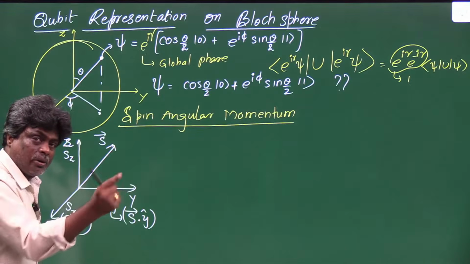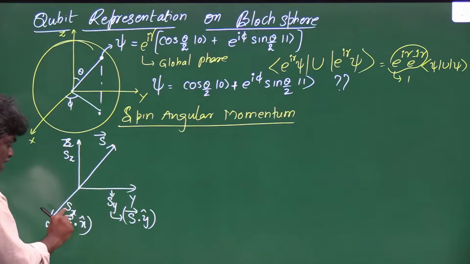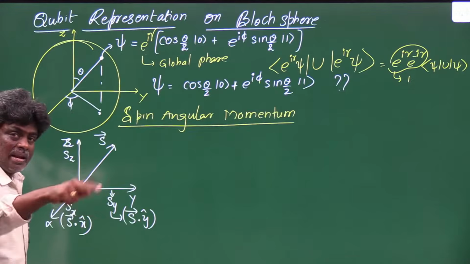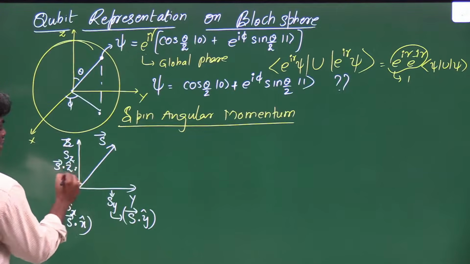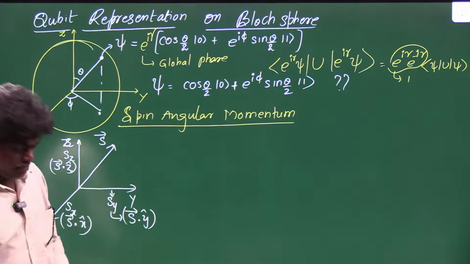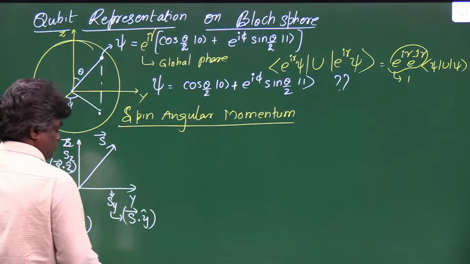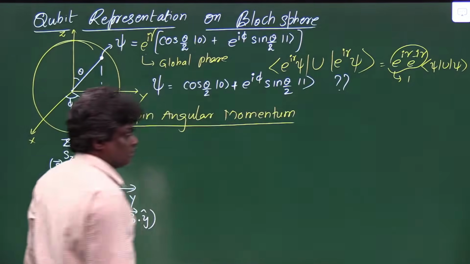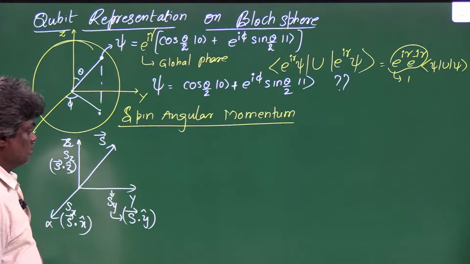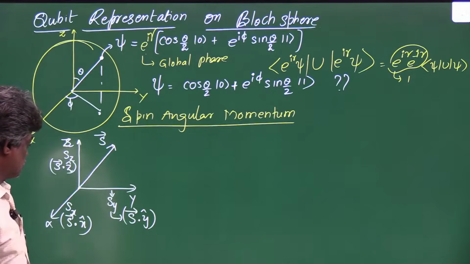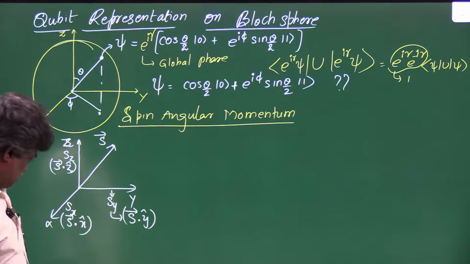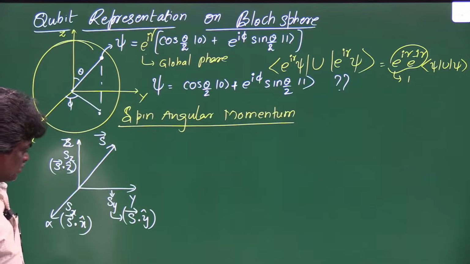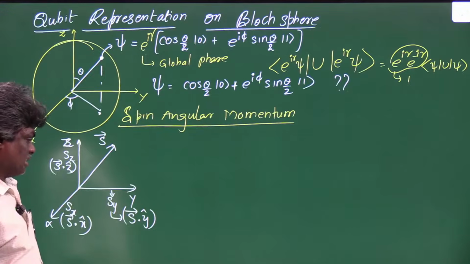Once you take the dot product with x cap, only Sx remains, the rest are zeros. Similarly, S bar dot z cap. Is that clear, sir? Yes, sir. Right. So basically you are trying to recollect the equation A bar is equal to Ax into x cap plus Ay into y cap plus Az into z cap. Yes, sir.